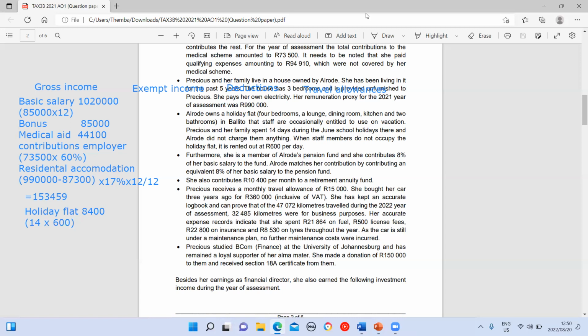So let's calculate the 8% that should be included. It would be the pension fund contribution. I don't need to write employer, I think you know that it's from the employer.